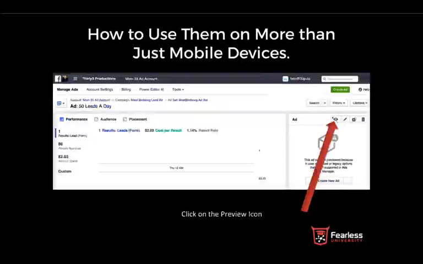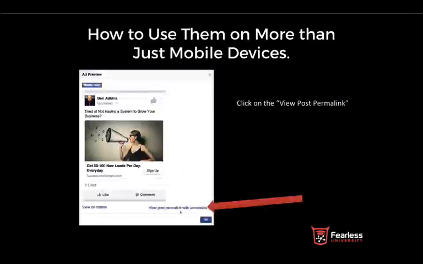If you look over to the right, you're going to see a little icon that looks like an eyeball. Okay? We're going to click on that icon, and it's going to open up a pop-up that looks like this. It's pretty much a preview of our ad as it would appear on a mobile device.